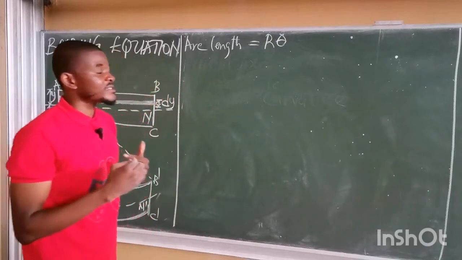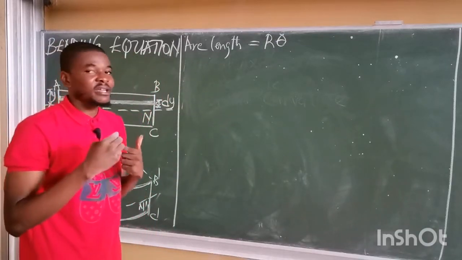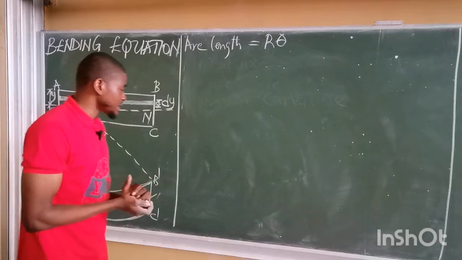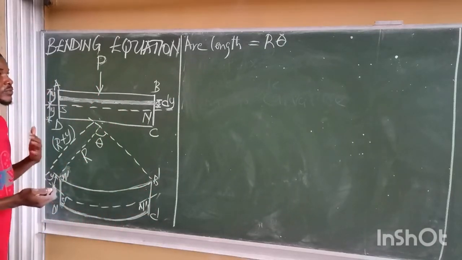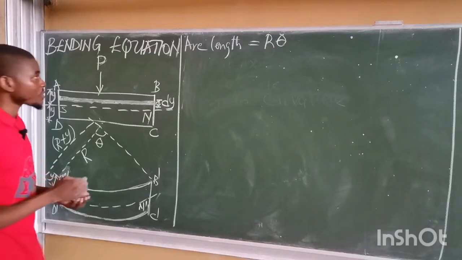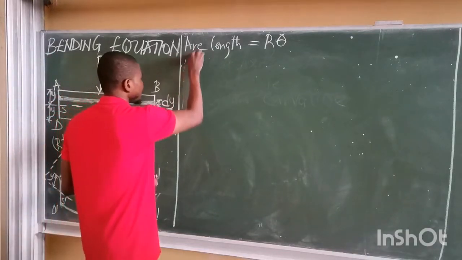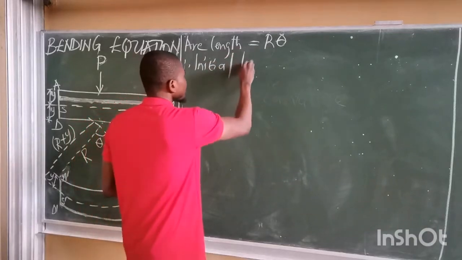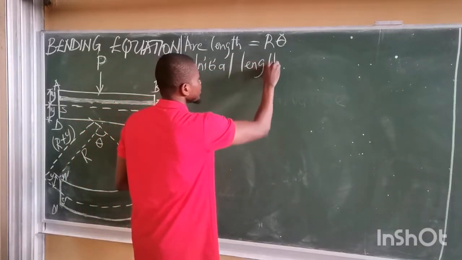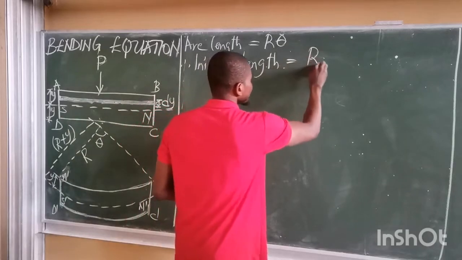This arc length is simply the same thing as the initial length due to the bending, that is from the center to point A, or A prime now. That gives us the initial length due to the bending. So we can now simply say initial length is equal to the arc length. Initial length is simply equal to r theta.